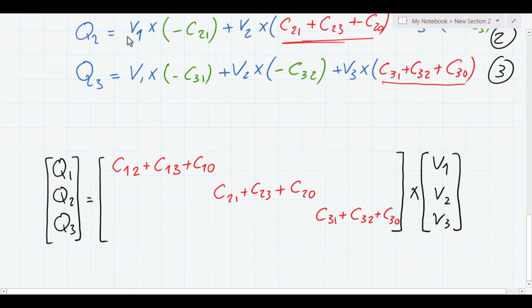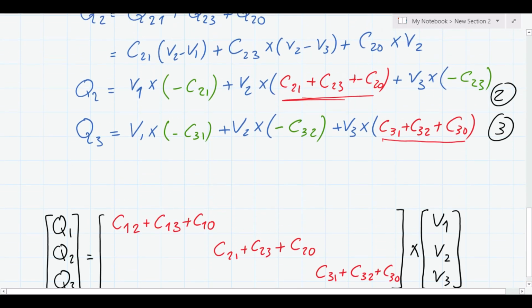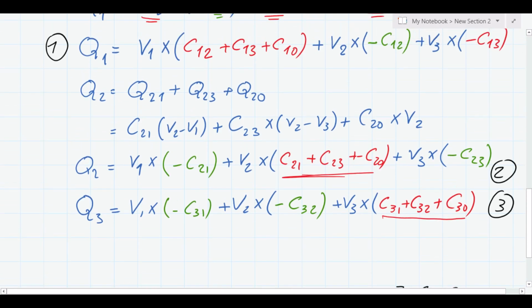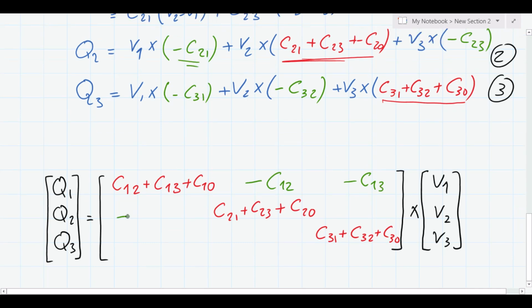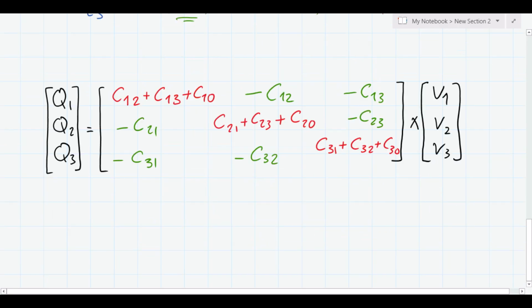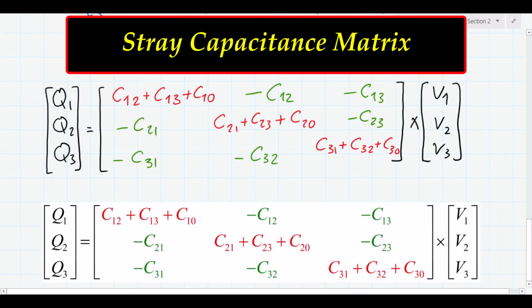And now the off-diagonal elements, Q1, V2, that's here, minus C12, here is minus C13, this is minus C21, here we have minus C23, and in the last row we have minus C31 and minus C32. This is the stray capacitance matrix in its full glory.